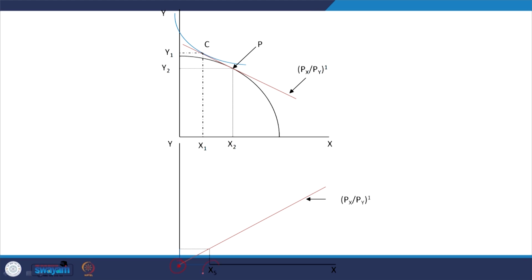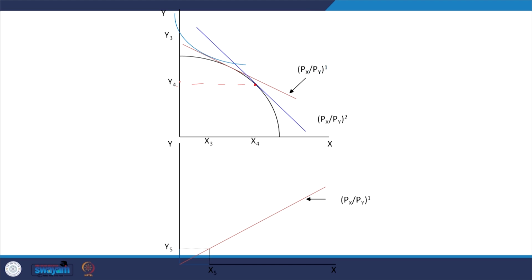Initially they are consuming x5 and y5, and due to trade we are changing the situation. Due to trade we arrive at another point of equilibrium, and this is the new production point, and accordingly we have different combinations.